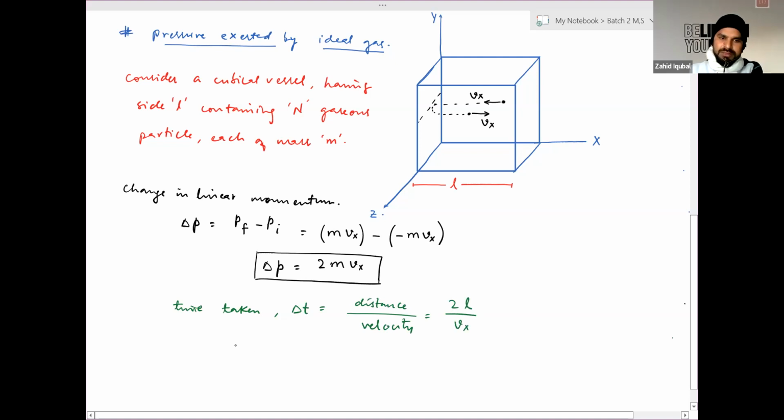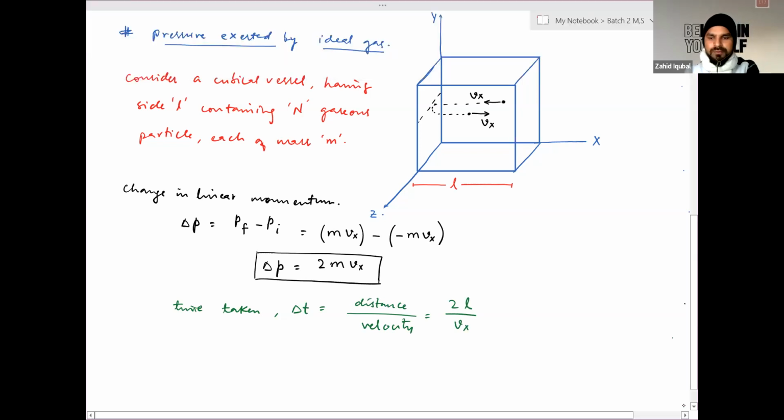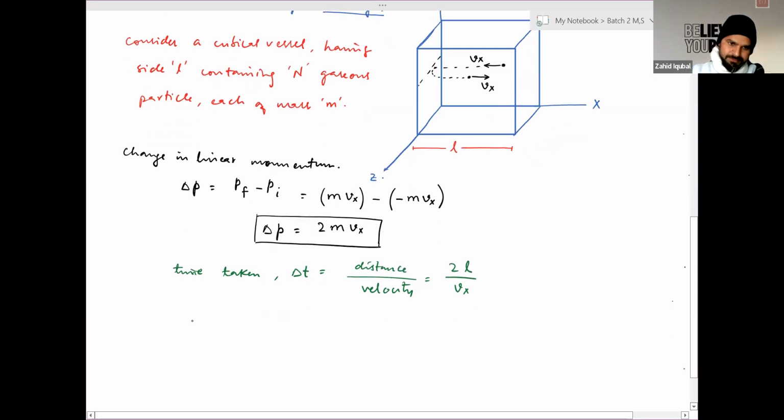Now we have the change in linear momentum and we have the time taken. According to the second law, force equals the rate of change of linear momentum. So force exerted is equal to change in linear momentum by time taken.